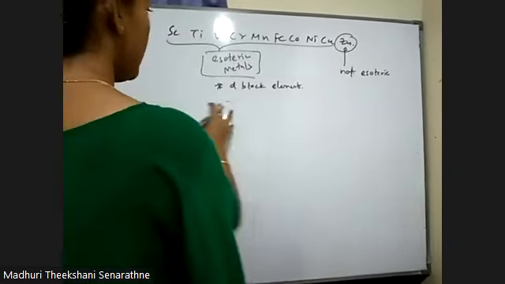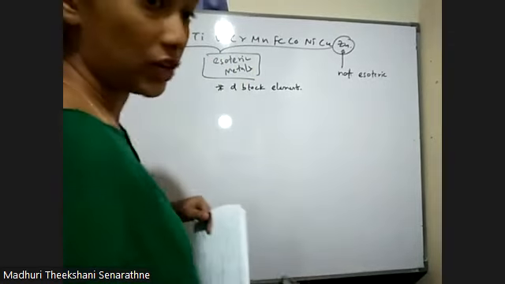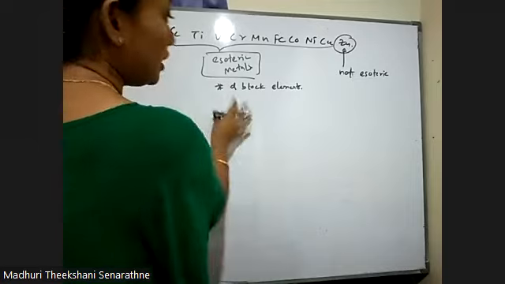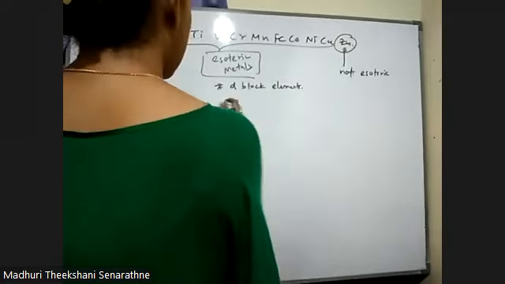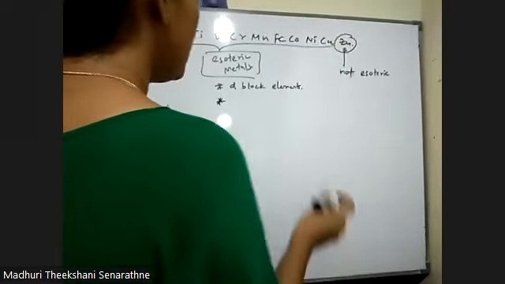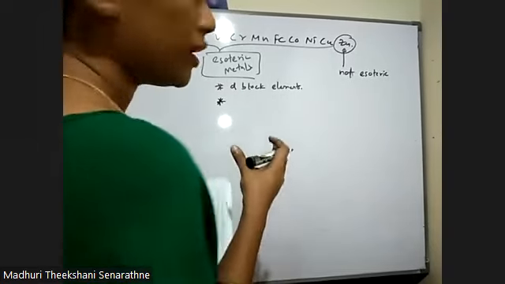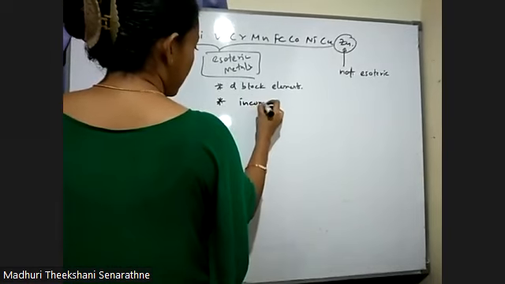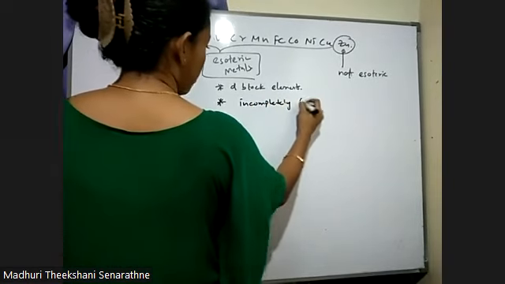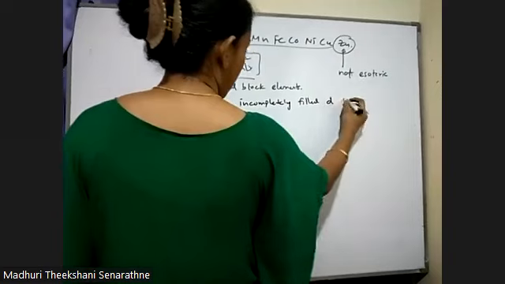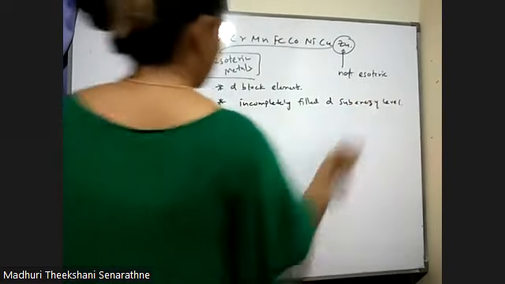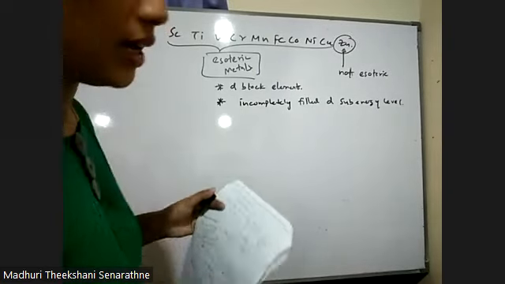For considering as esoteric elements, the element should be in the D block. And the second condition is that the particular esoteric element should have an incompletely filled sub-energy level.